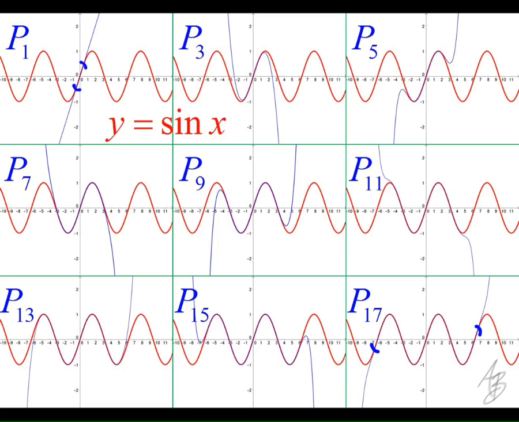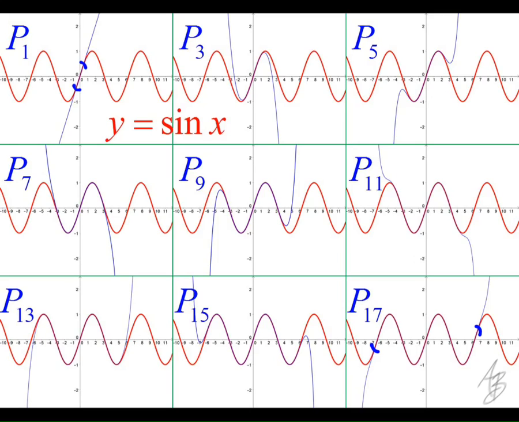And so what this means is on this interval here, we can tell that the polynomial is converging to sine after about the 17th order polynomial. Now, that's a big polynomial. That's x to the 17th power over 17 factorial.